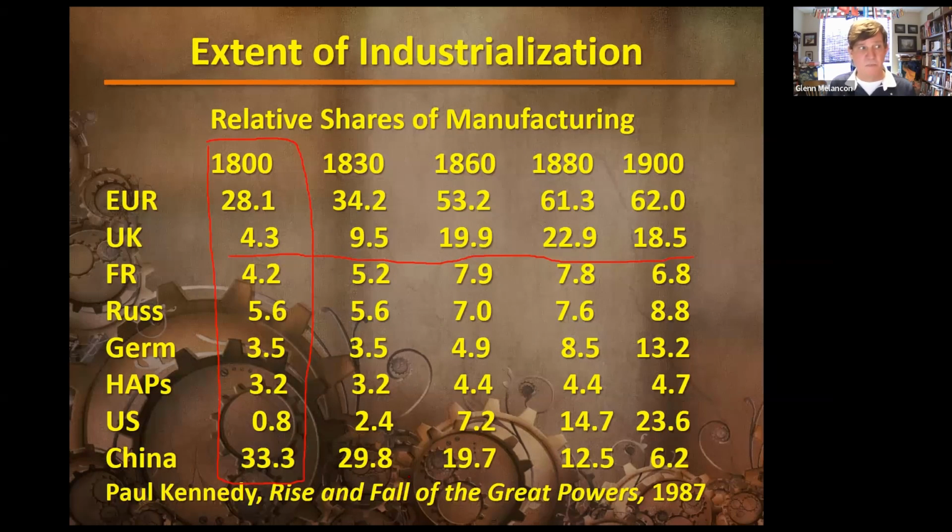The two major beneficiaries of industrialization are the UK and the United States, right? Those Anglo countries adopt it, they run with it. Not far behind them are the Germans. The Germans in the late 19th century understand the power, the military might associated with industrialization, so they're adopting it.